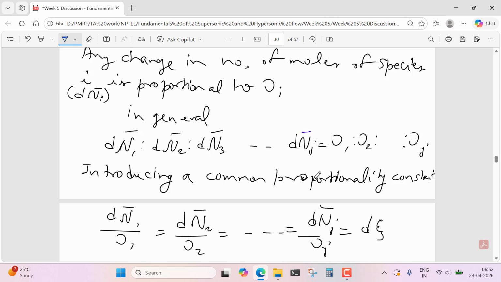Now we will introduce a new proportionality constant.